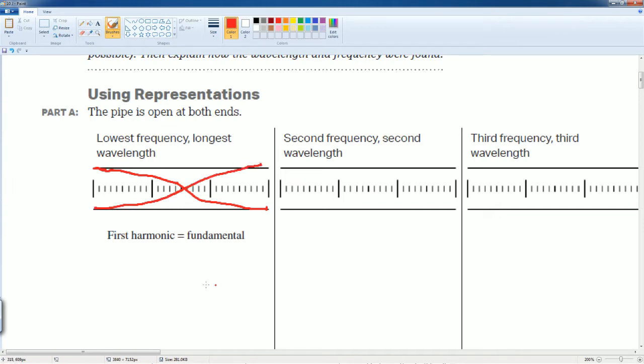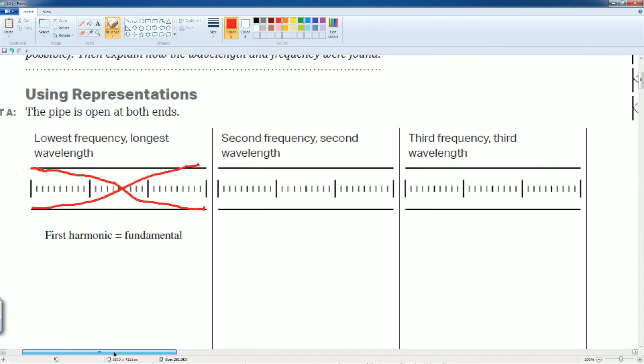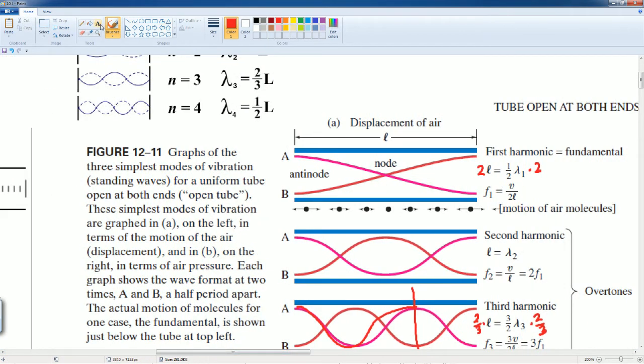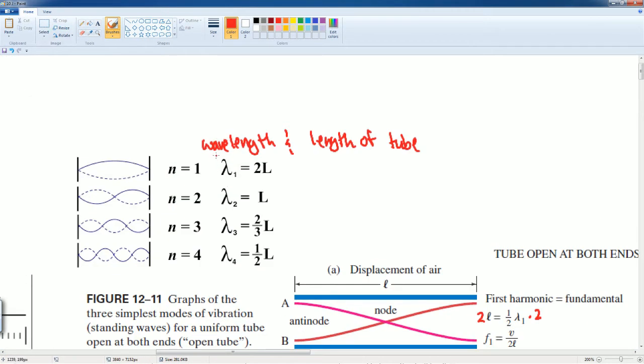Okay, so this is where the wavelength, like we said here, where lambda is equal to 2L.